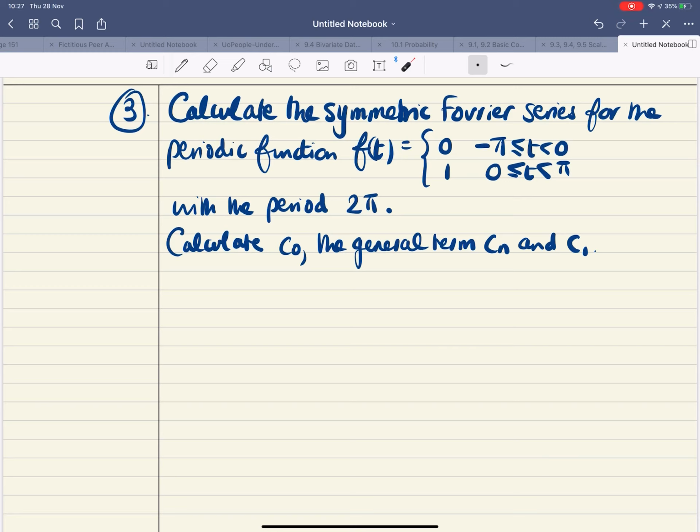So I'll start with cn here, which is 1 over 2 pi, the integral from 0 to pi. We don't need to worry about minus pi to 0 because it's just automatically equal to 0. So it's e to the minus j n t dt.